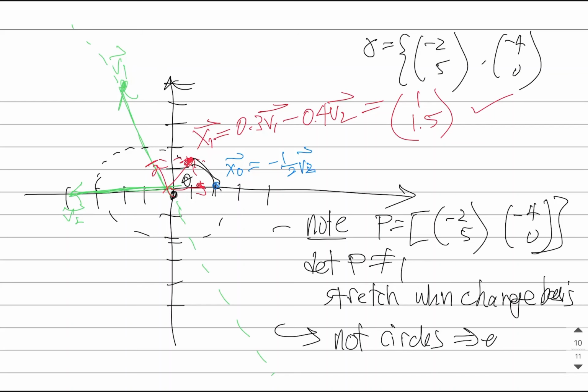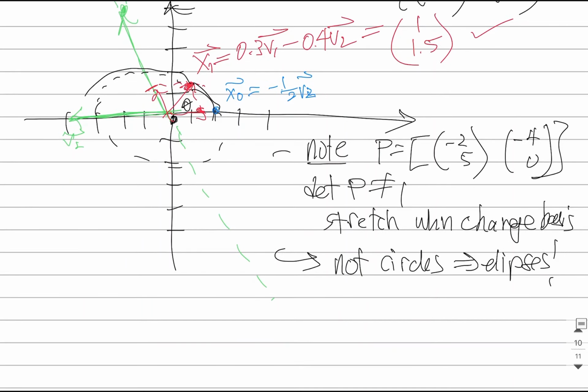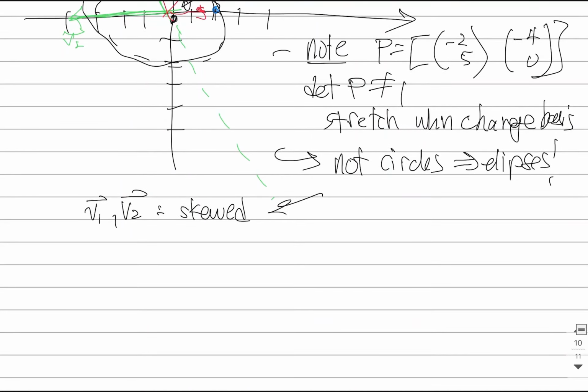It's ellipses. Yes, we're going to get this closed trajectory again, but because of the change of coordinates, these coordinates, V1 and V2, are what we call skewed. And as soon as we have a skewed set of basis vectors, we're going to get these distortions. They won't end up being circles. They'll end up being ellipses.